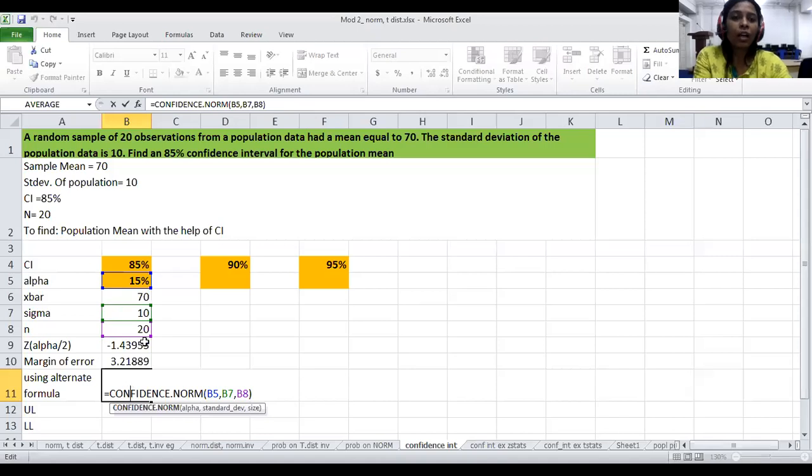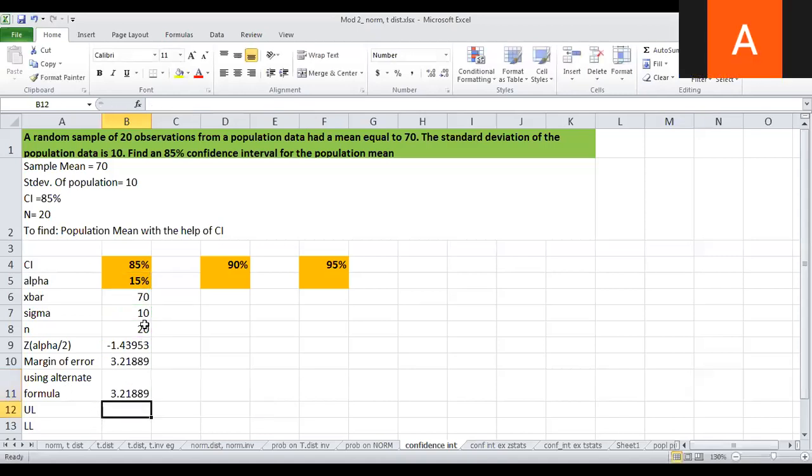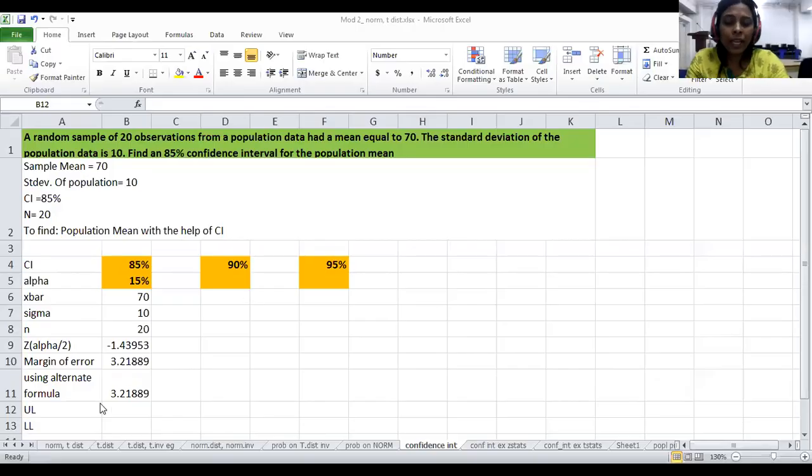Fine. So now we have got, once you get your margin of error, now we just need to add this value, this 3.21889. We have to add it with X bar and subtract it with X bar to get an upper limit and lower limit. So that is where we have these two values that we have to find.